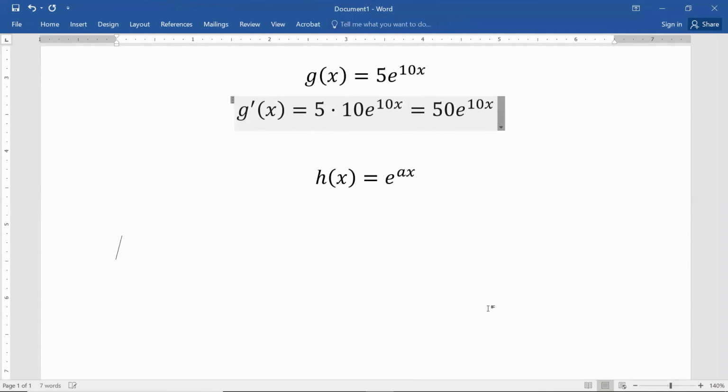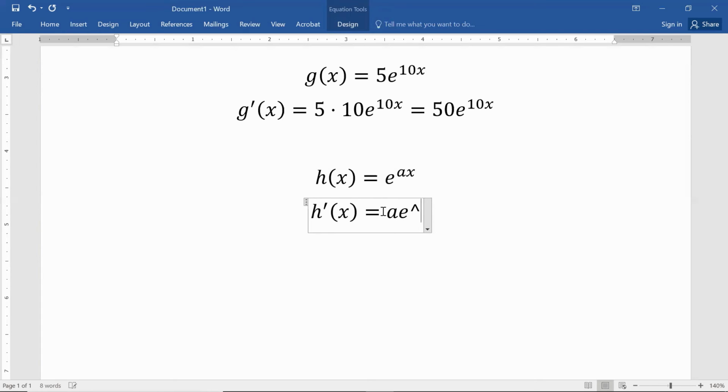Notice that each time we have a coefficient in front of x, what's really happening is we're just multiplying the front by that variable a. So h of x equals e to the ax has derivative equal to a times e to the ax. That's all due to the shortcut rules, or the quick rules. By the way, that works for any linear function.